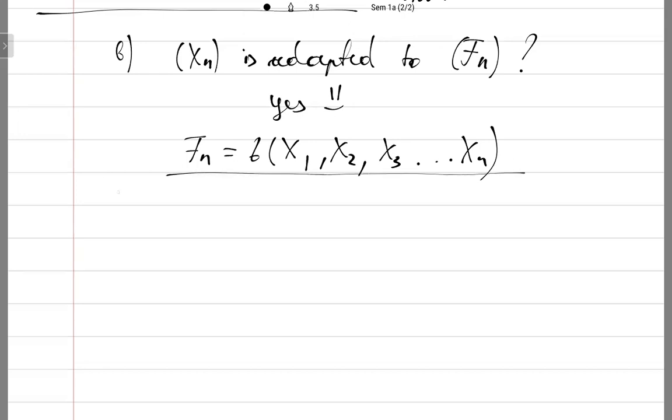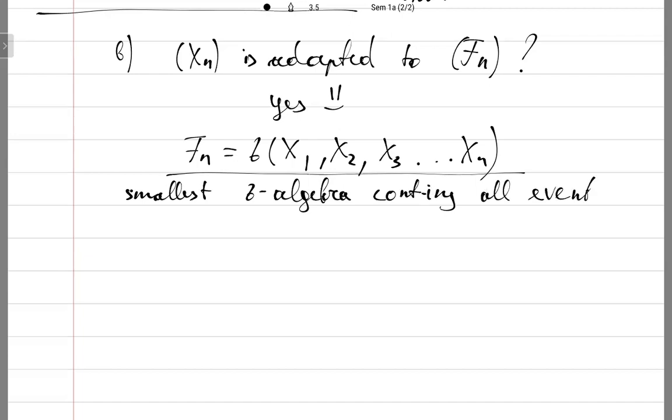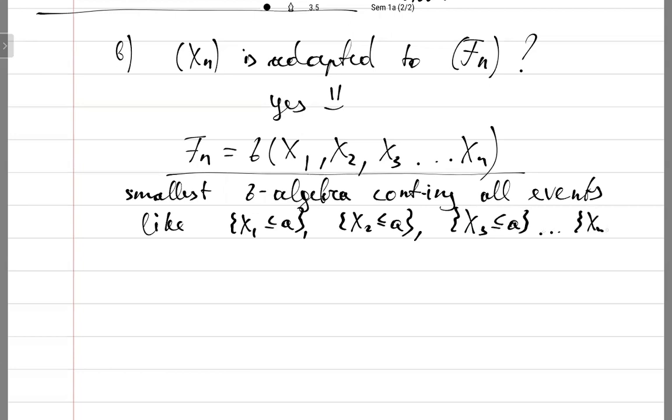So what does it mean formally? It's the smallest Sigma algebra containing all events like X1 is less than a, X2 is less than a, X3 is less than a, Xn is less than a, for all real a.